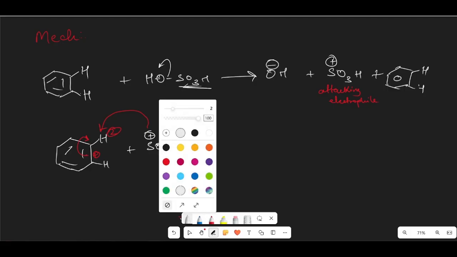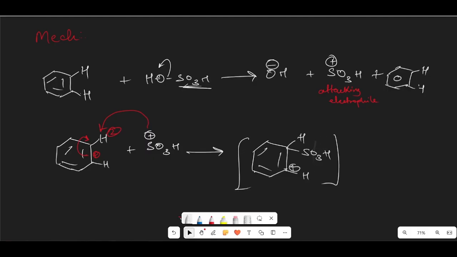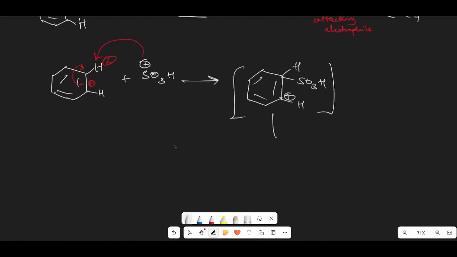This forms, again, your arenium ion, which is an unstable species. Forms a carbocation. And this is your arenium ion.